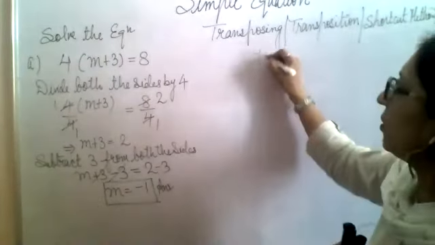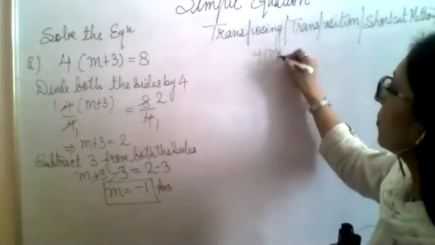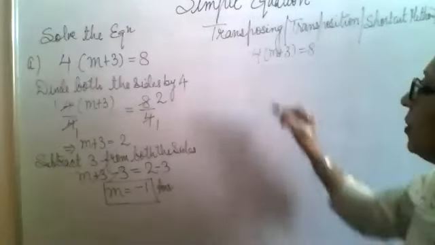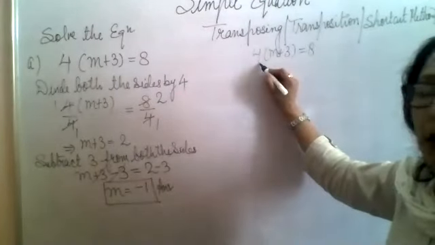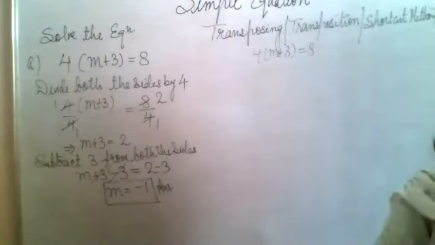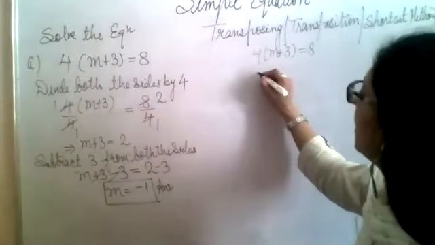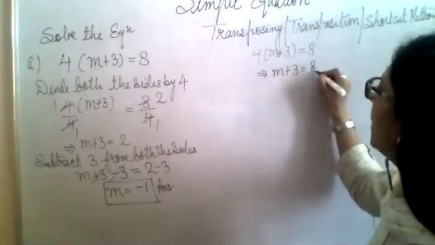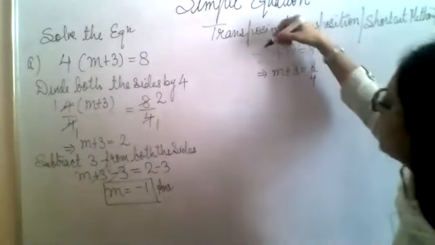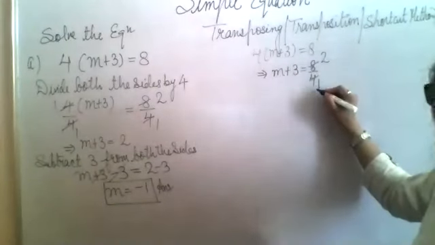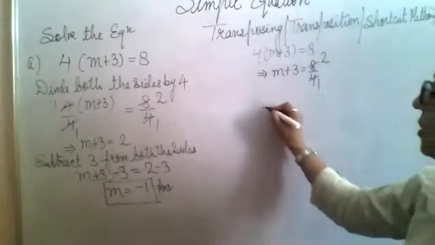We follow this method only. Now, see, this is in multiply, will shift and come in divide. So we write m plus 3 equal to 8 upon 4. This is in multiply, will go in divide. 4 1 is the 4, 4 2s are 8.